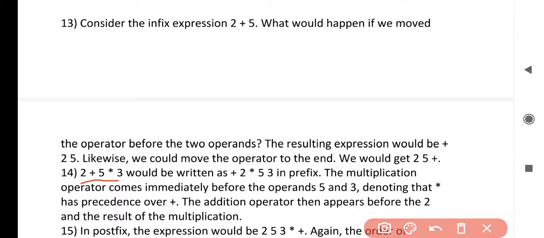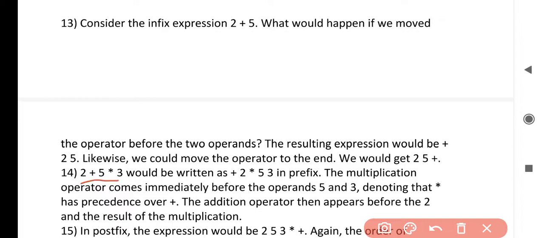The multiplication operator comes immediately before the operands 5 and 3, denoting that multiplication has precedence over plus. That means multiplication has higher priority as compared to plus. So we will perform multiplication first and then addition. The addition operator then appears before the 2 and the result of multiplication.